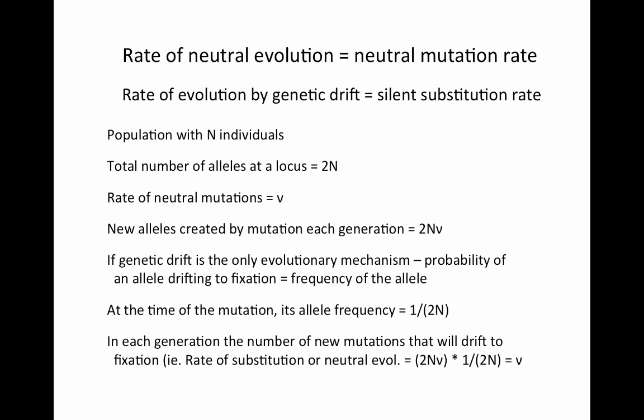So 1 divided by 2n, which when we cancel out the 2n, we're left with just nu, the neutral mutation rate. So we've just shown mathematically that the rate of evolution by genetic drift is going to be equal to the neutral mutation rate, the silent substitution rate. And again, this is going to be responsible for the vast majority of the molecular level variability that we see in populations.